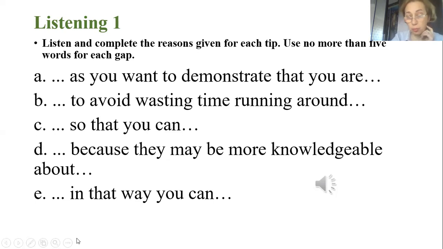Just running around looking for patients. Yes, you should avoid wasting time running around looking for patients. You shouldn't just do this.